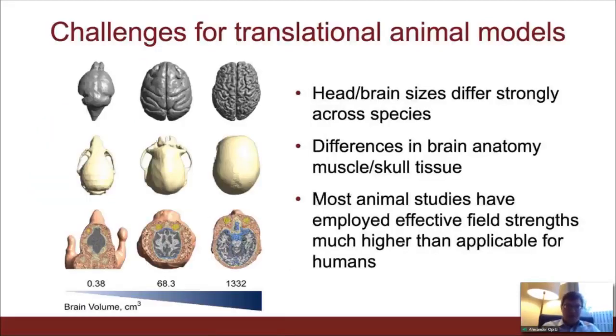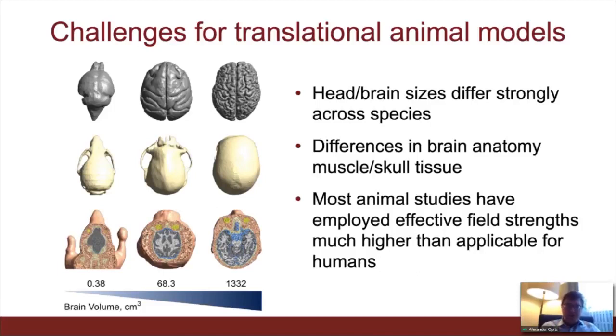But creating animal models that will be truly translational for non-invasive brain stimulation is not an easy task. So at the end of the day, we want to treat humans with those methods. And so what we're studying in animals should be translated to humans.